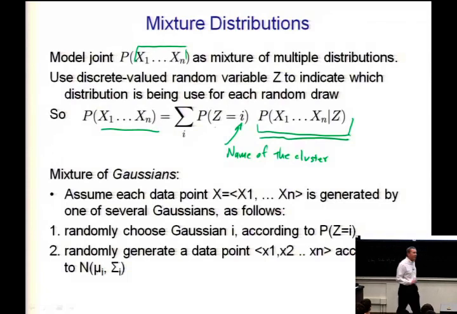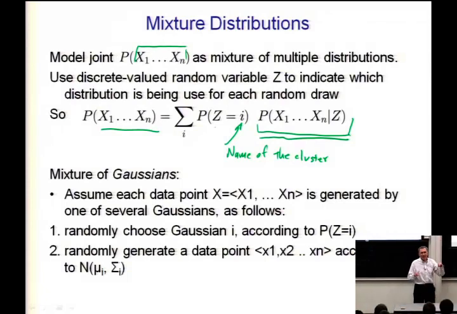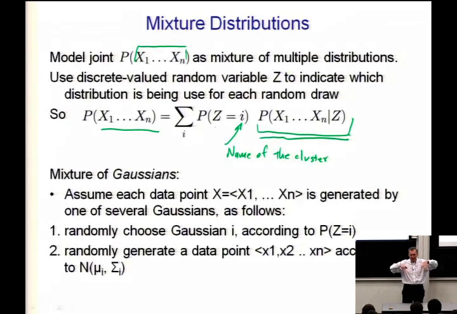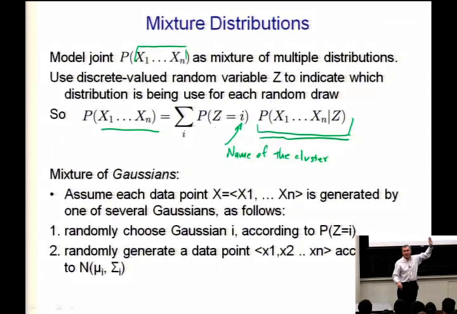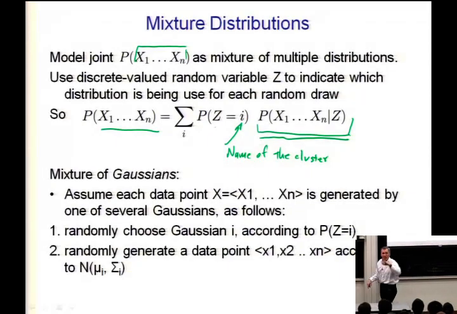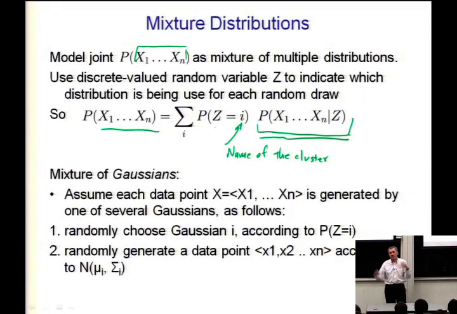So you can think of it as a way of saying the probability of any given data point is the superposition or mixture of several different probability distributions: p of x1 through xn given z equals 1, given z equals 2, given z equals 3, whatever.